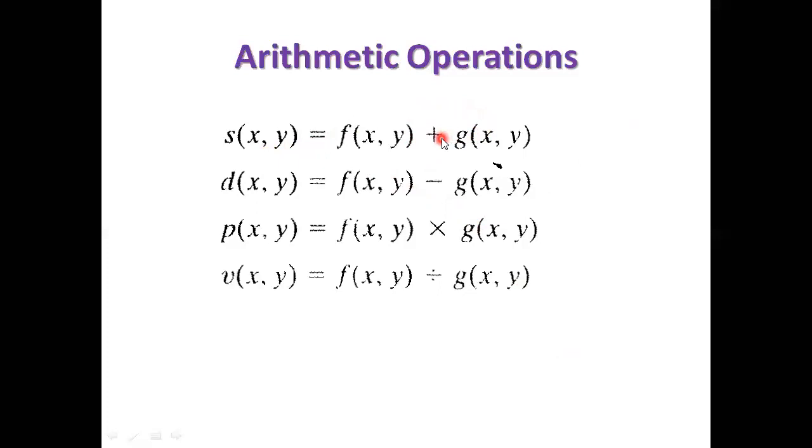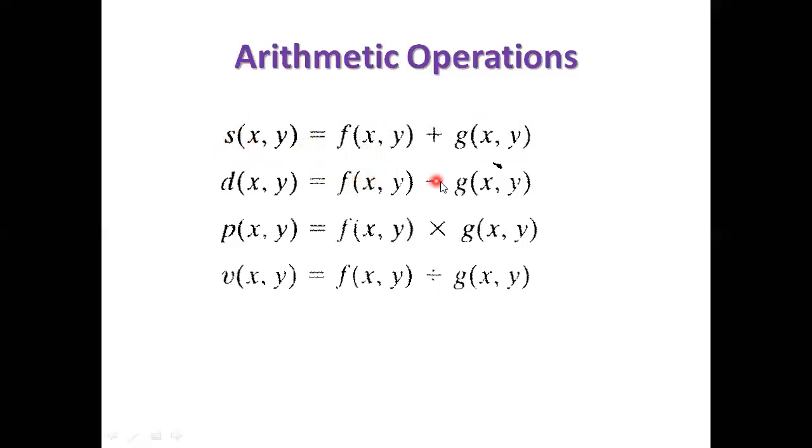Here f of x comma y represents one point in an image, and g of x comma y is another point in the image. If you do the addition operation here, that will be represented as s of x comma y, just the sum. For representing the sum, we take s of x comma y.